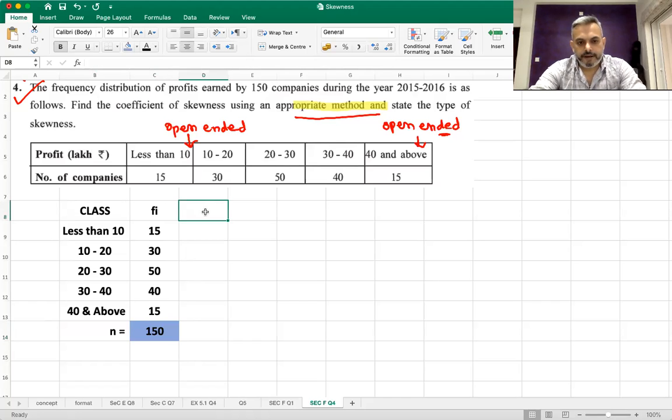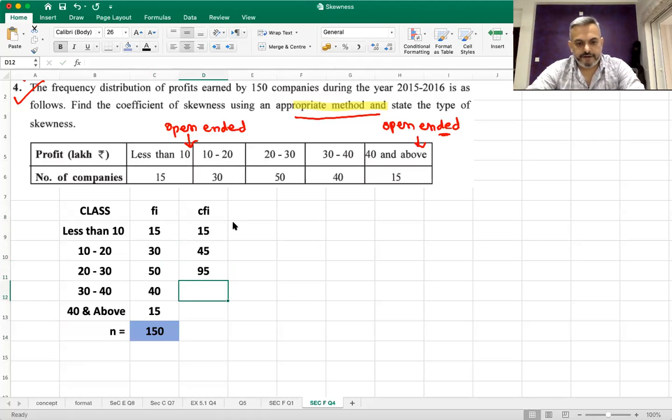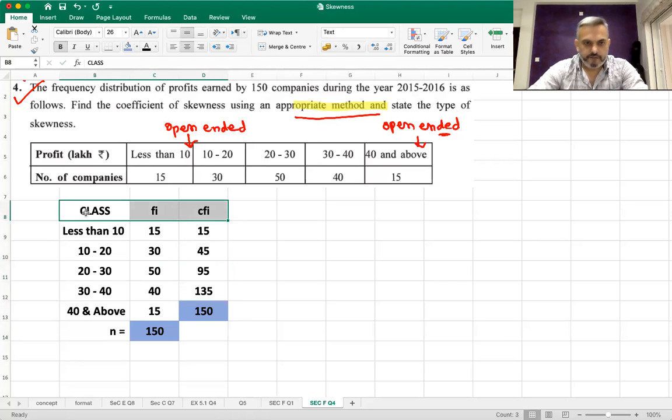Now we need cumulative frequency because the classes are already in ascending order. We have written the frequency, now the CF. First 15 is 15, 15 and 30 is 45, 45 and 50 is 95, 95 and 40 is 135, 135 and 15 is 150. This should match. So we have class, we have frequency.